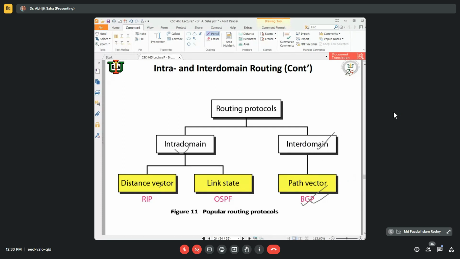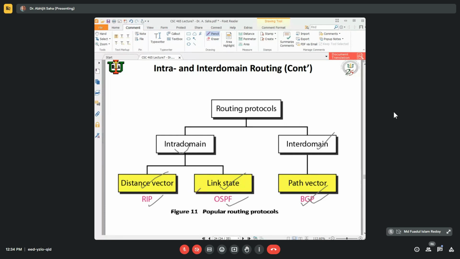And in intradomain, we have distance vector and link state. The distance vector routing algorithm is like RIP, and the link state routing algorithm is like OSPF. There is another routing protocol, EIGRP, which is a distance vector routing protocol. So there are different types of protocols.